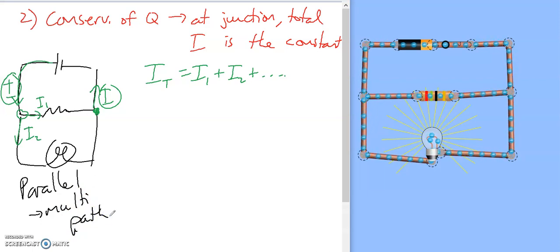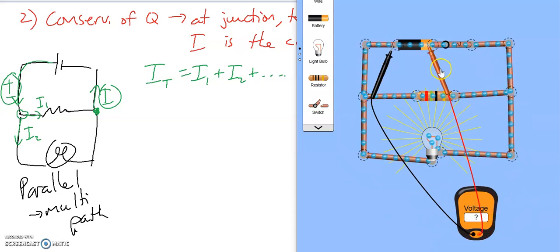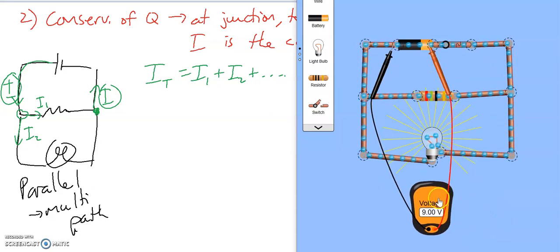Now, if we incorporate some other stuff, there's something interesting about parallel circuits. If I break out my voltmeter and put it on my power supply, I get 9 volts. Apparently it's a 9 volt power supply. A lot of people say that means this guy's got to be 4.5 and this guy's got to be 4.5.